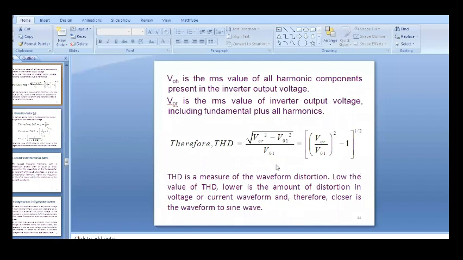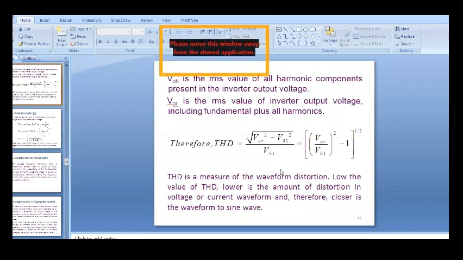So here, what is this? THD is the measure of the waveform distortion. Lower the value of THD, lower the amount of distortion in voltage or current waveform, and therefore the waveform is closer to a sine wave.